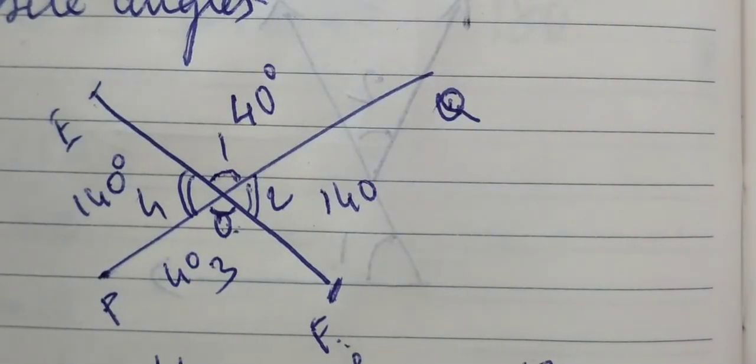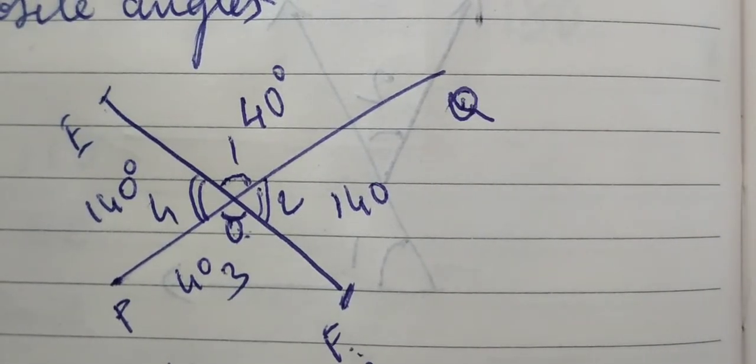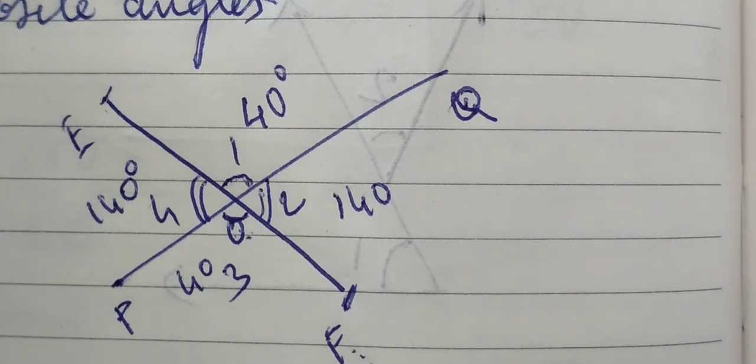Hope you have understood how to find out the rest of the angles if one of the 4 angles is given to you when two lines or two line segments are intersecting each other and forming two pairs of vertically opposite angles.